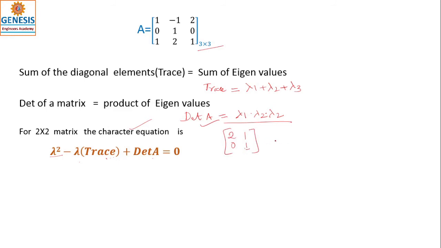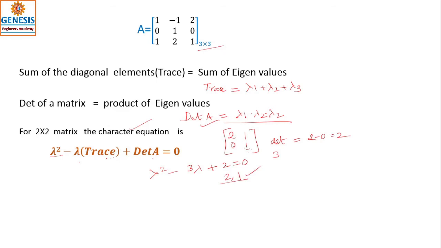The determinant is 2 minus 0, which is 2. The sum of the diagonal elements is 3. So the characteristic equation is lambda square minus 3 lambda plus 2 is equal to 0. The roots of this equation are 2 and 1.